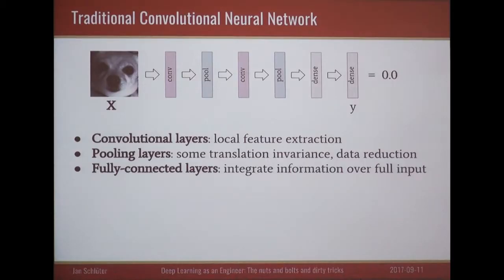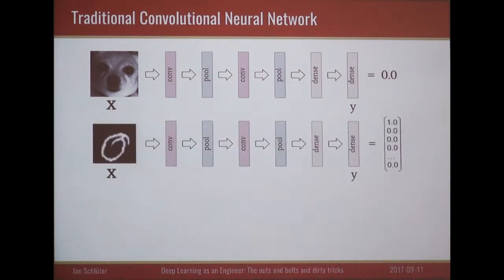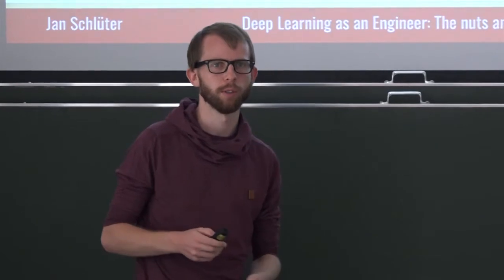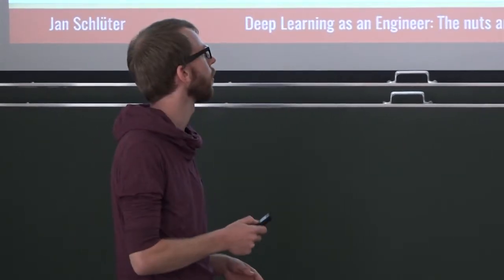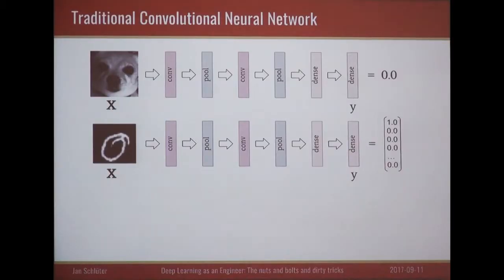And with the same building blocks, we can also produce models for other tasks, like digit recognition. The only thing that changes is that we would have 10 outputs here instead of 1, and a different nonlinearity in the end that ensures we get a vector of class probabilities.